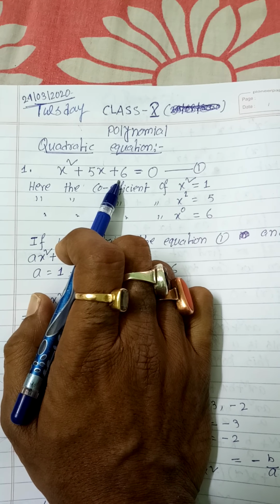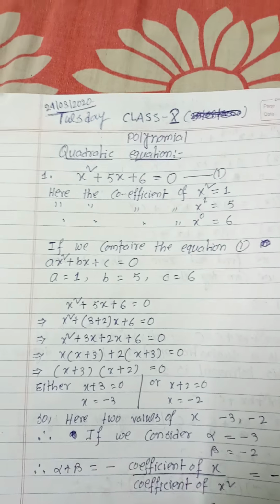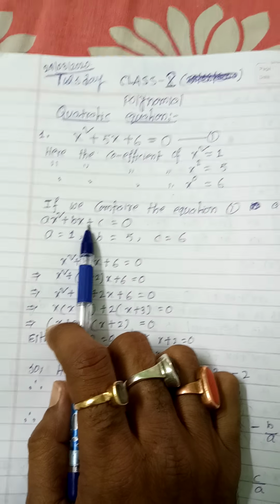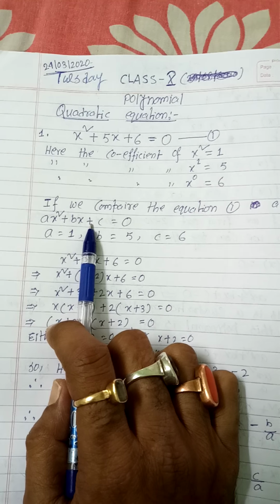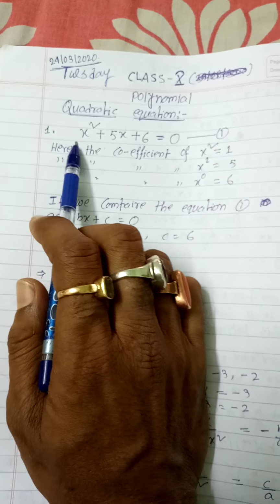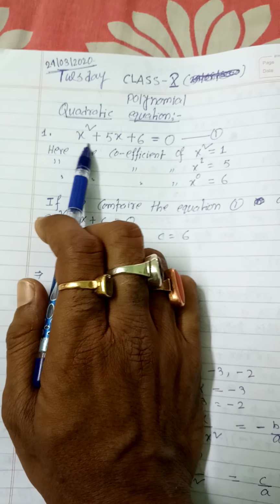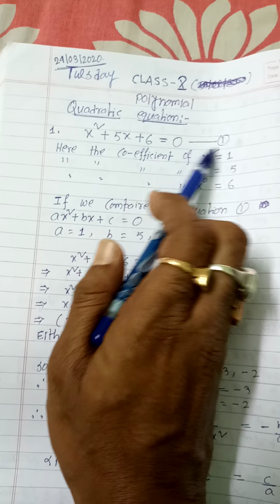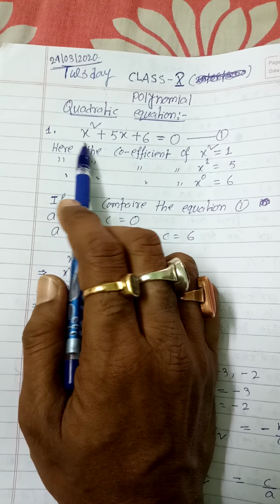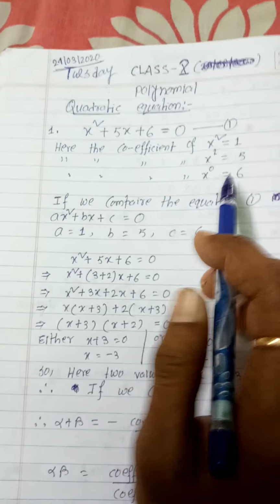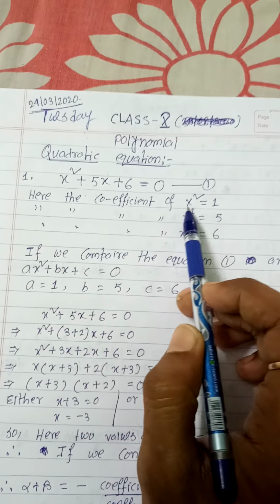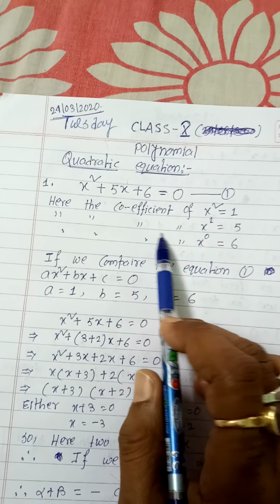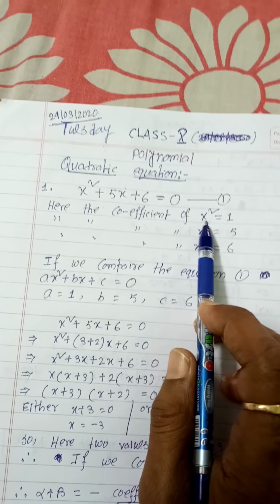So today we find the roots of a quadratic equation. See here we write a quadratic equation x square plus 5x plus 6 equal to 0. The coefficient of x square is 1, and the coefficient of x, that is x to the power 1.